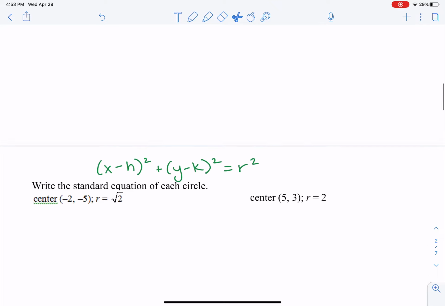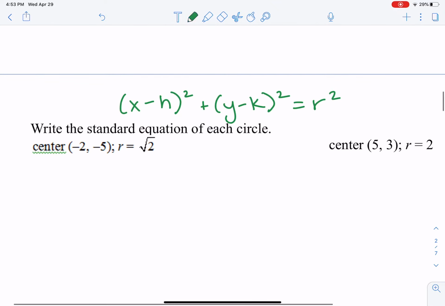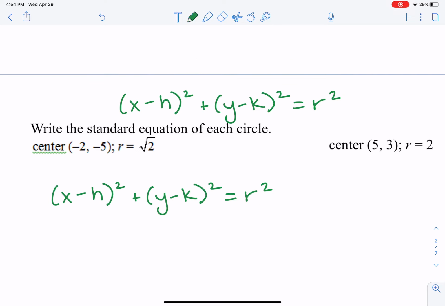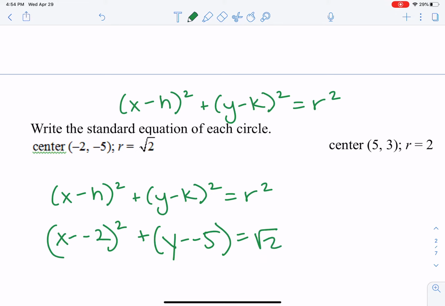Okay, now they want us to write the equation of the circle. So I'm going to use this formula, my modified distance formula, and they told me the center was negative 2, so that's my H. And the y part of the center is negative 5, and then the radius is square root of 2.